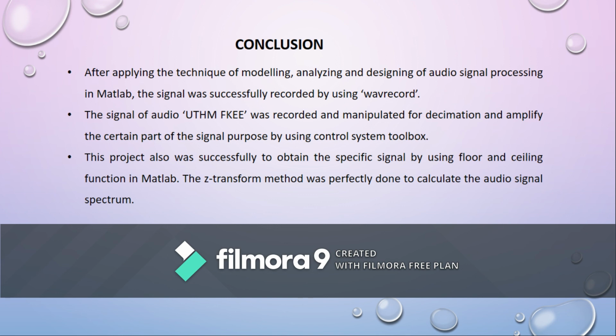This project also successfully obtained the specific signal by using the floor and ceiling functions in MATLAB. After that, the Z transform method was perfectly done to calculate the audio signal spectrum. That's all. Thank you.